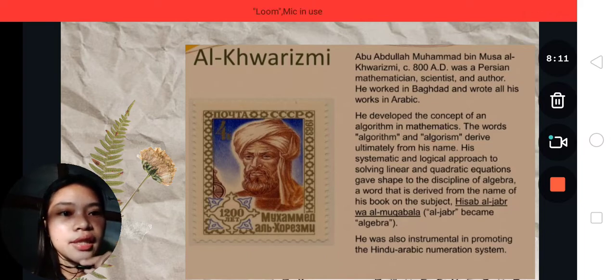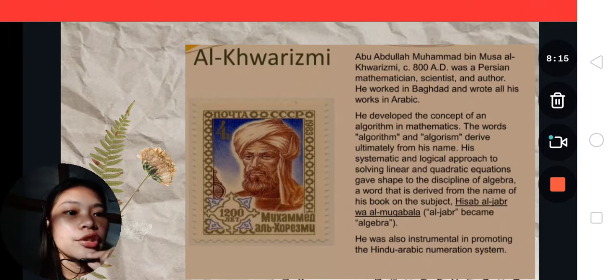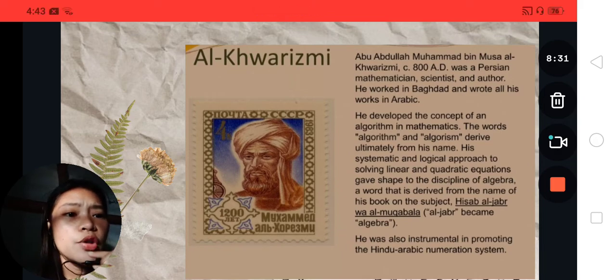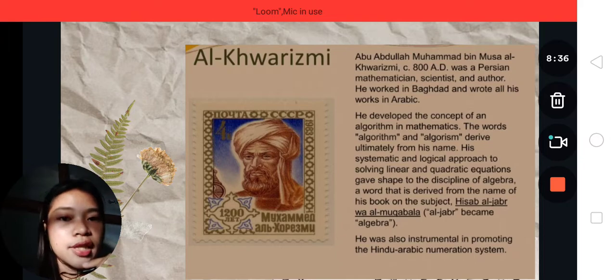His systematic and logical approach to solving linear and quadratic equations gave shape to the discipline of algebra, a word that is derived from the name of his book on the subject, Hisab al-Jabr wa al-Muqabala, or al-Jabr, algebra. He was also instrumental in promoting the Hindu-Arabic enumeration system.